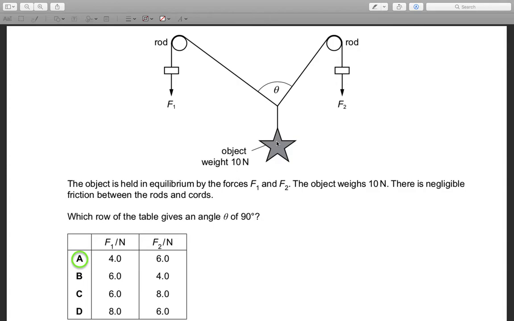Where the 6 and 8, I think F1 will be less than F2. Then F1 is about 6 and F2 about 8. So the answer is, this is not correct, I will change to 6 and 8. The correct answer is C.